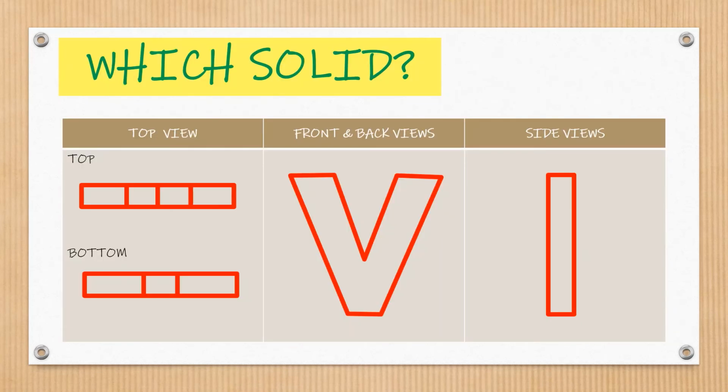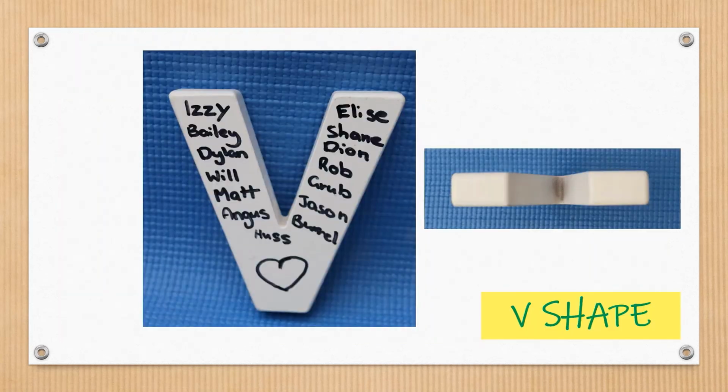Okay, let's play Which Solid number 2. This time your top view and bottom view are slightly different. The front and back views are a V shape and the side view is just a rectangle. So what do you think we have here? We've got a V shape.